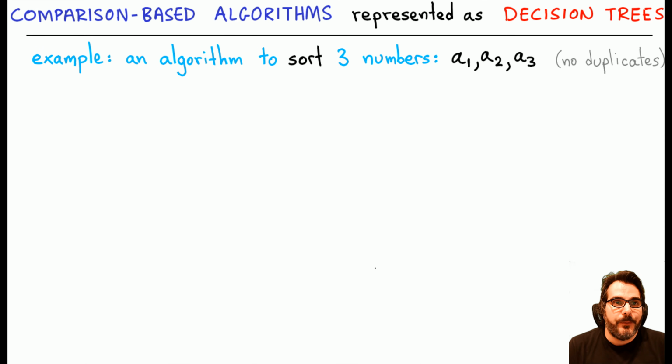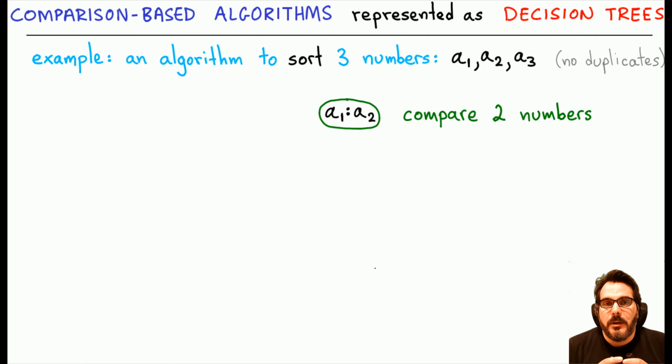Let's start. Let's think about three numbers, A1, A2, and A3, but just keep in mind that these numbers have no duplicates, so they are all unique. Let's compare them and form some sort of a tree. You start by comparing two numbers, A1 and A2.